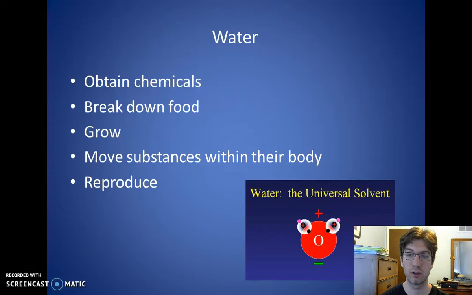Water is also necessary for growth, and it is also used to help maintain your internal conditions, which we'll get to in a second. It's also used to transport those chemicals throughout your body, and plays a vital role in reproduction as well. So water is very important.